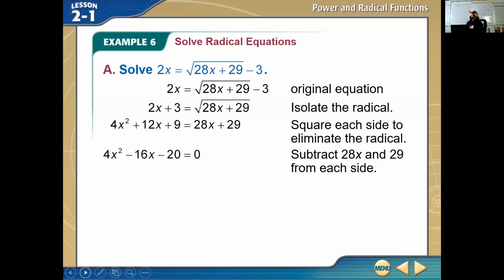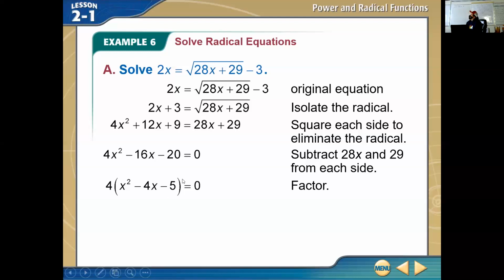But since this one's factorable, the first thing they're going to do is factor out the greatest common factor of 4 from each one of these terms. So we're going to be left with x squared, 4x, minus 5, or negative 4x. So they factor that portion out. Now we're left with 4 times the quantity x squared minus 4x minus 5.